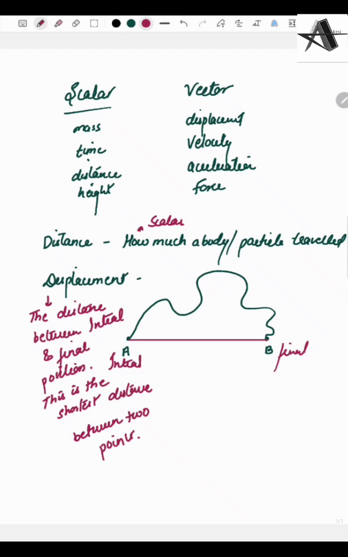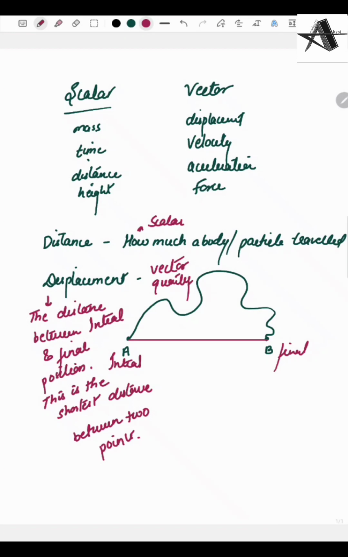Whereas for displacement, I can definitely. I can say that I have moved from A to B towards east. I have specified my direction, because if it's a straight line between the 2 points, you can easily specify its direction. And this is the reason displacement is a vector quantity.